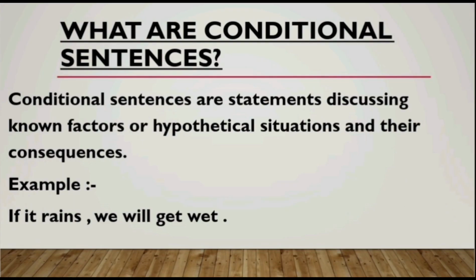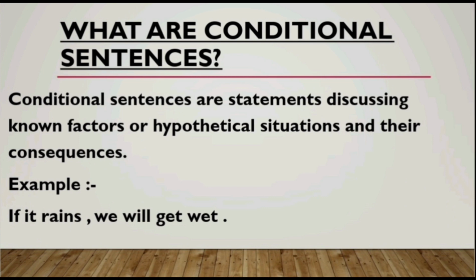What are conditional sentences? Conditional sentences are statements discussing known factors or hypothetical situations and their consequences. They are the forms of statements that are used to talk about hypothetical situations, means situations that cannot happen or are unreal situations or something that is unlikely to happen.